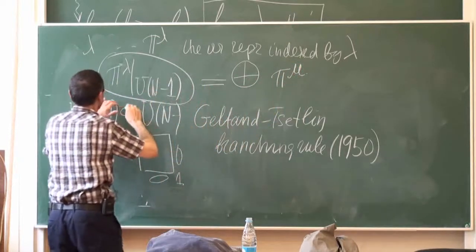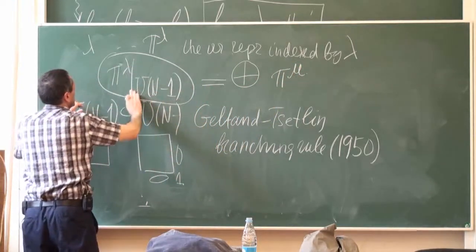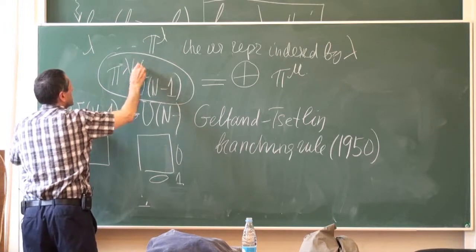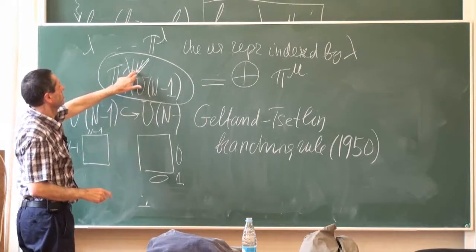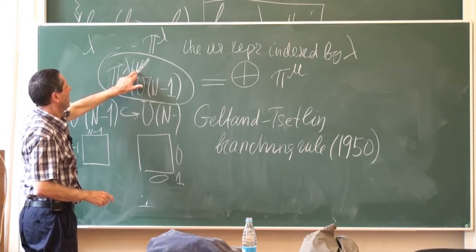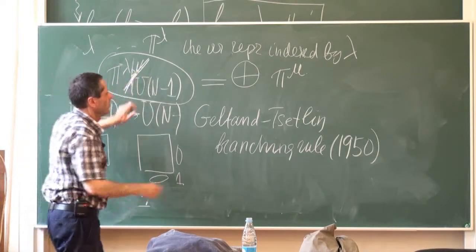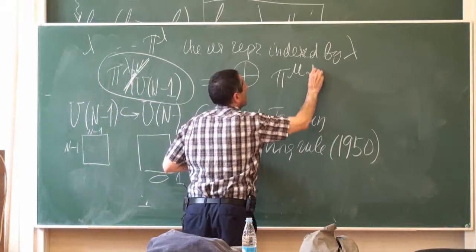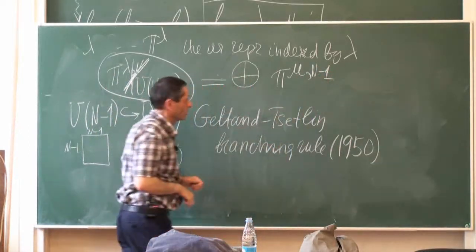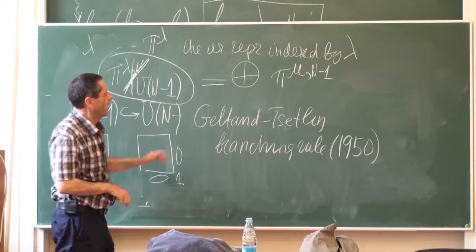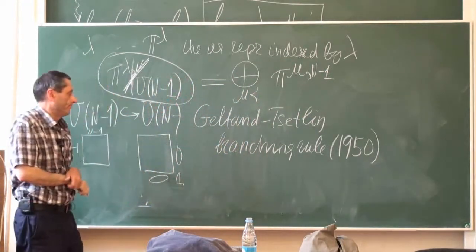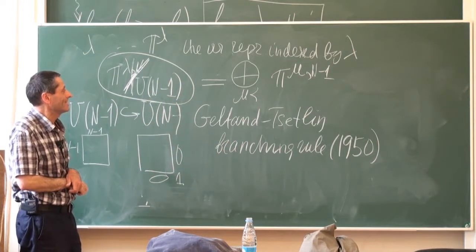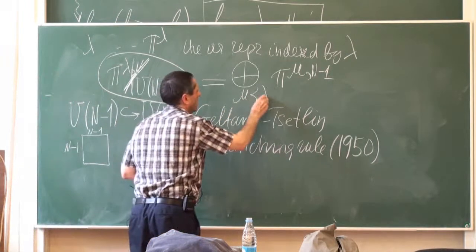Maybe it's better to add here the notation somewhere to emphasize that this representation corresponds to the group of degree n, and here we get something relating to another group, and the sum is over signatures which interlace with lambda.